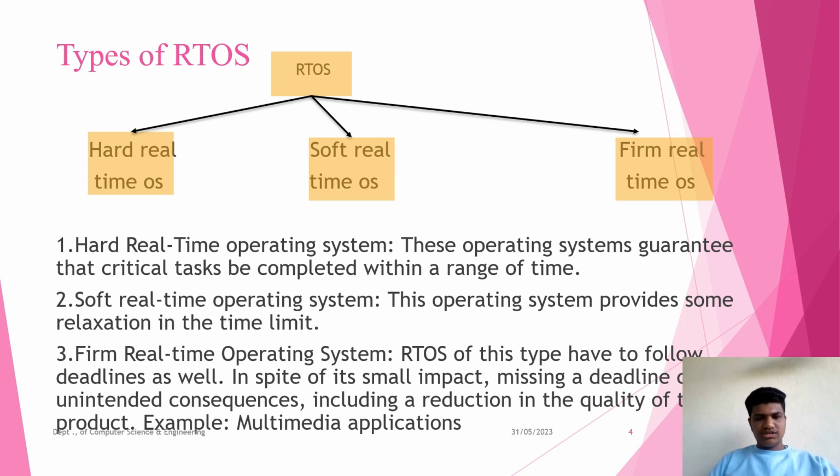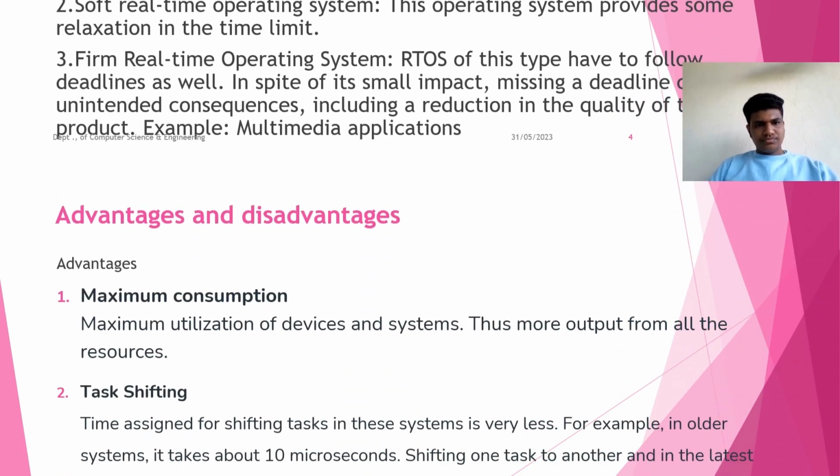Firm real-time operating systems have to follow deadlines as well, in spite of the small impact. Missing a deadline may have unintended consequences, including a reduction in the quality of the product. Example: multimedia applications.